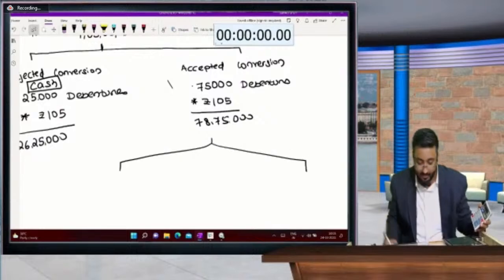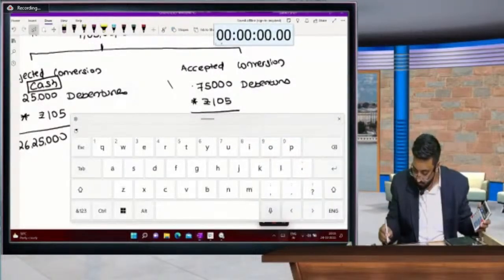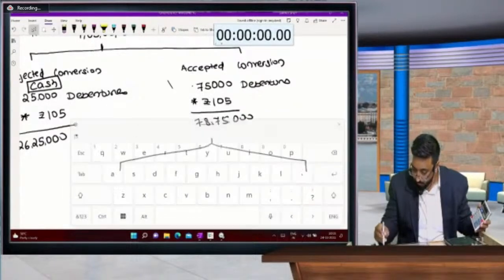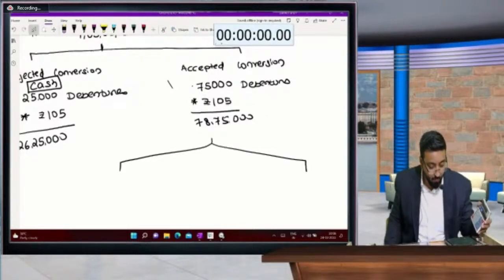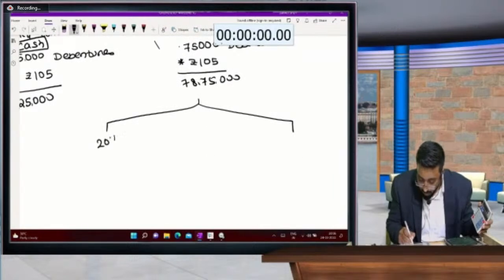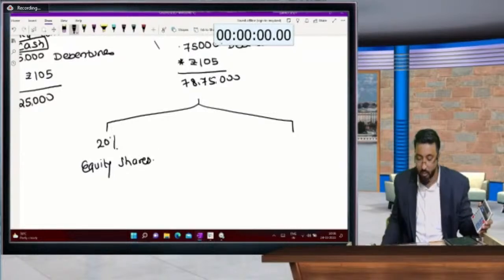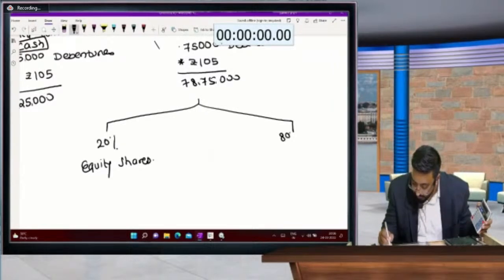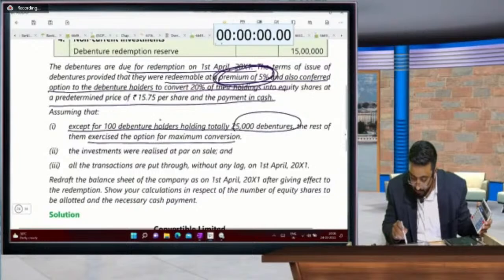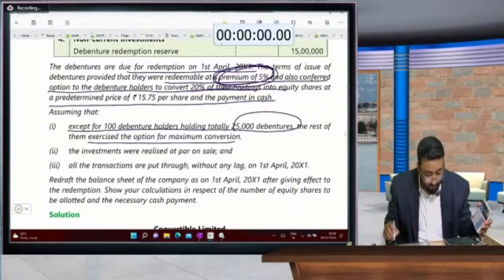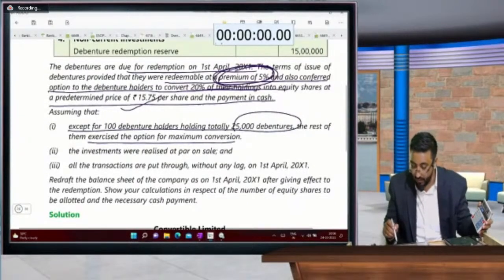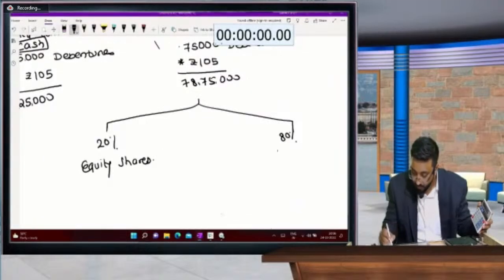78,75,000 is divided into 2 parts: 20% equity shares and 80% cash. The option is 20% equity shares at a predetermined price and the remaining in cash.